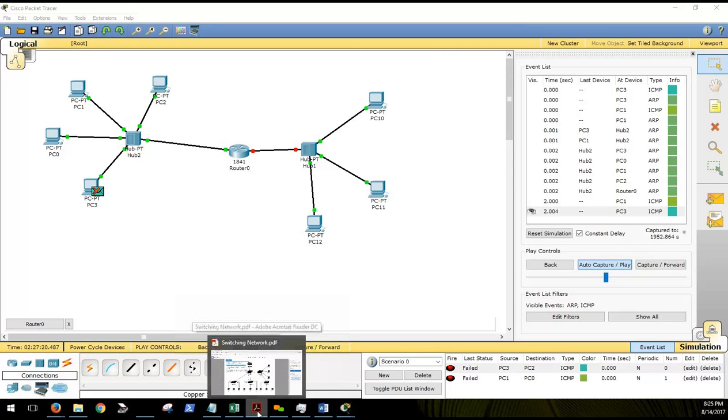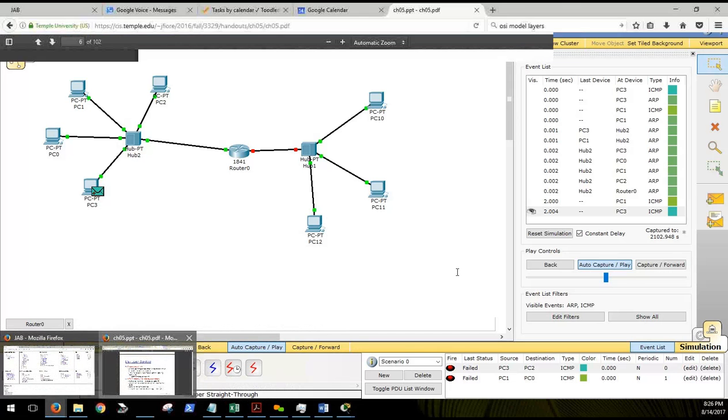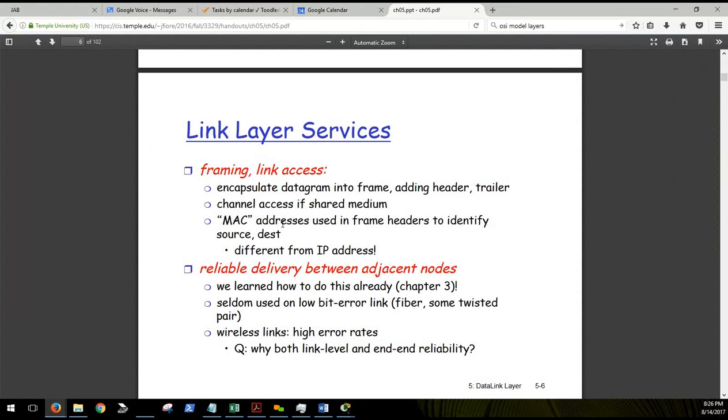Let me see. Where am I? Here. All right, so we said that link access, we use MAC addresses used in the frame headers to identify the source and destination. MAC addresses are different than IP addresses, okay? The other thing that we are interested in is reliable delivery between adjacent nodes, okay? So when two nodes are communicating with one another, how do we ensure reliable delivery?